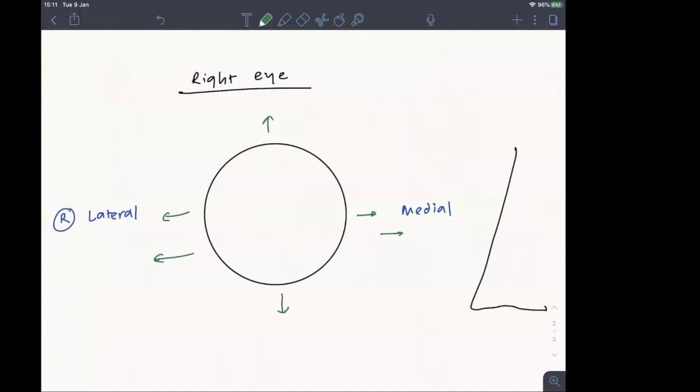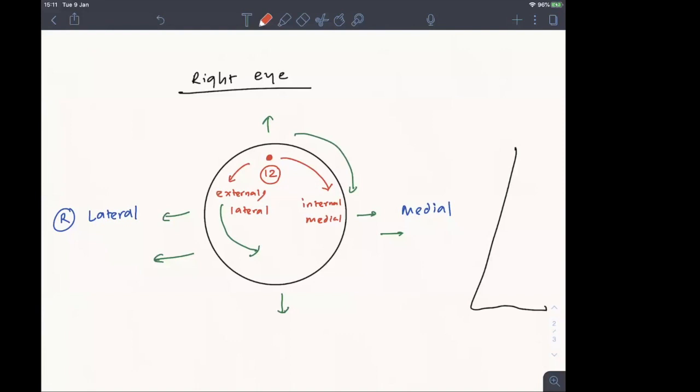And there is a rotation movement that is possible. Now imagine that there is one point at the 12 o'clock position. Whether this point moves towards the nose or away from the nose would determine if this is an internal rotation or an external rotation, also known as medial rotation or lateral rotation.